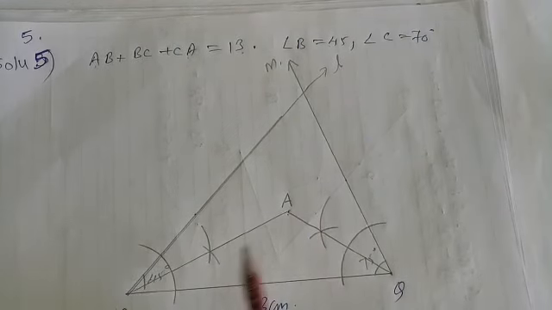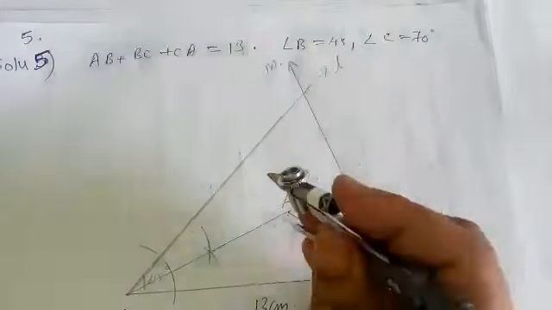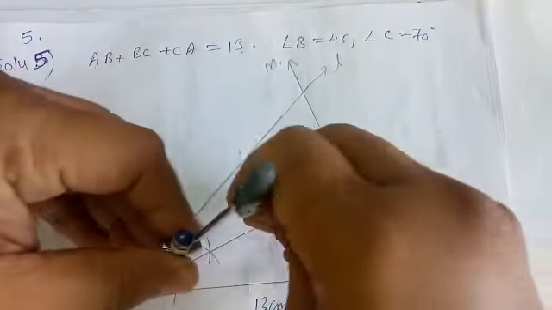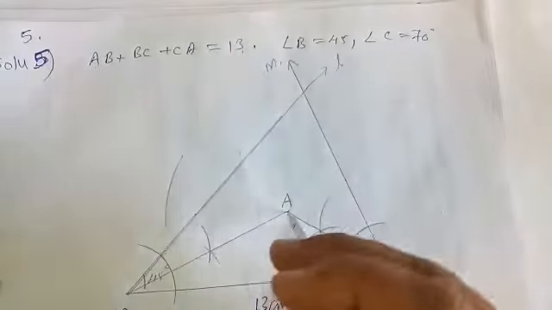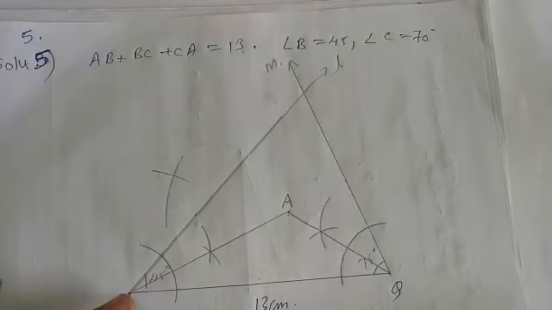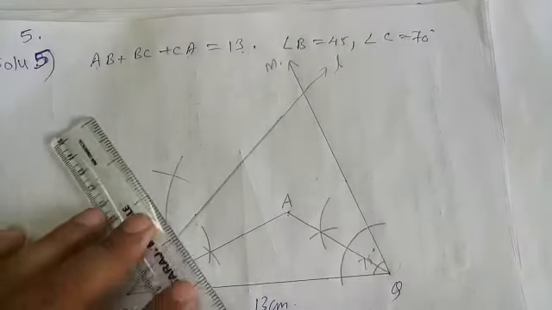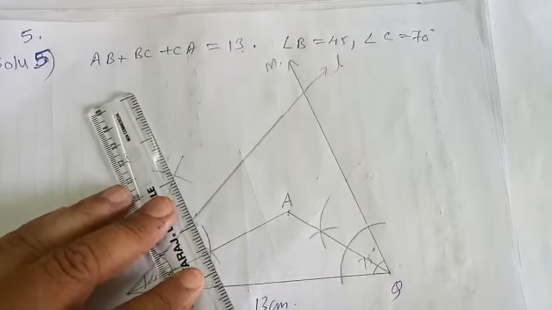Now bisect AP line and AQ line. Take more than half, cut an arc on both sides from A and from Q also the same. Then join that bisecting arc.